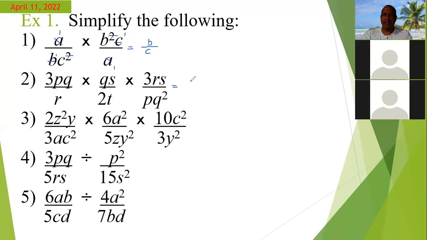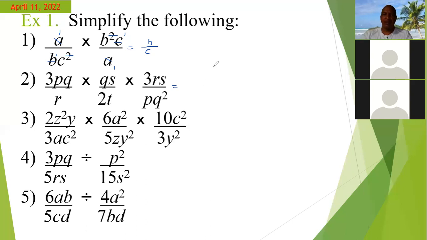Is that clear, Mr. Arty? Yes, sir. Whatever you're canceling in the numerator, you must have something common with it in one of the denominators. All right, continue then, Mr. Arty. So the 3 cannot be canceled because there's nothing common with 3 in the denominators.